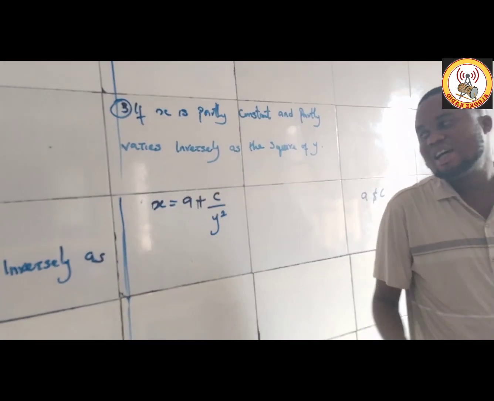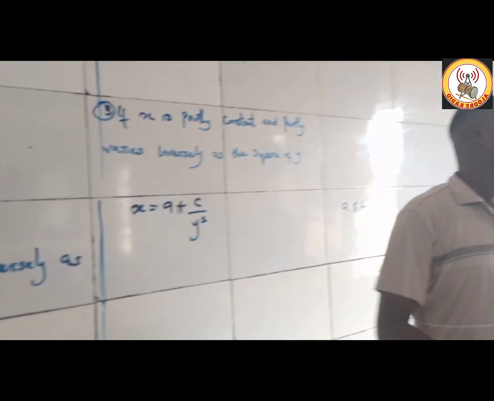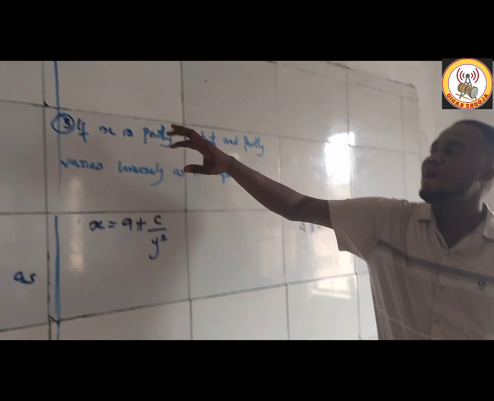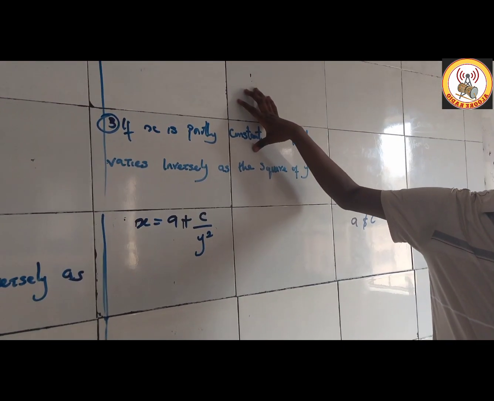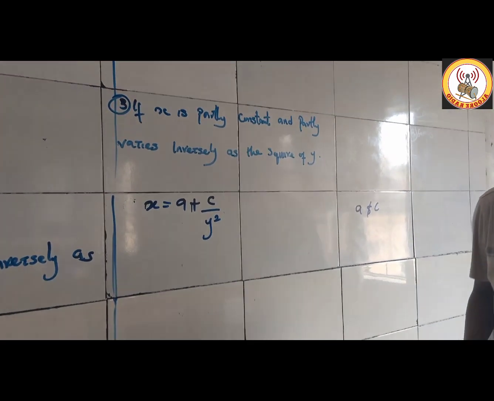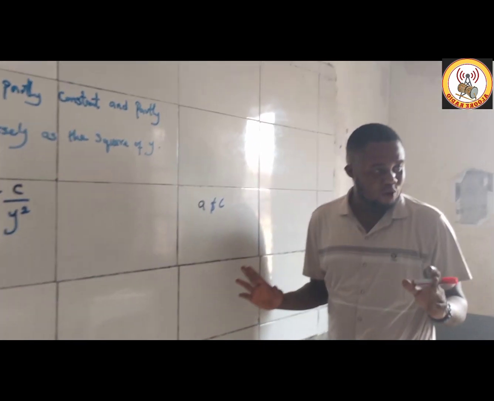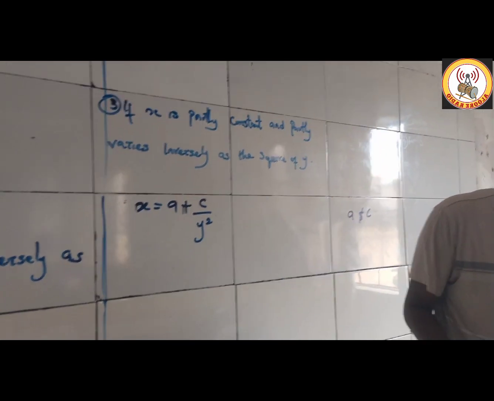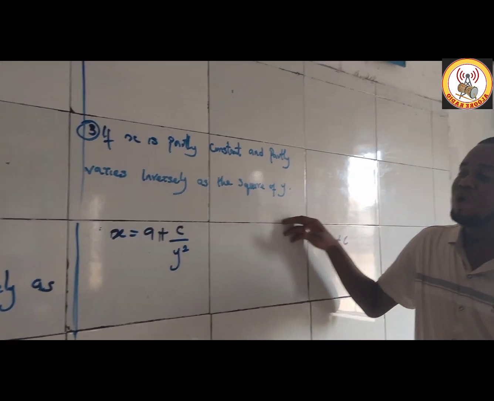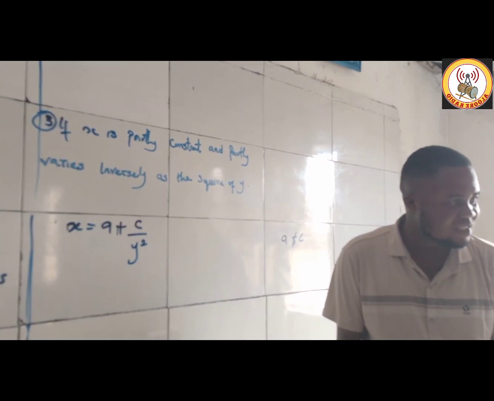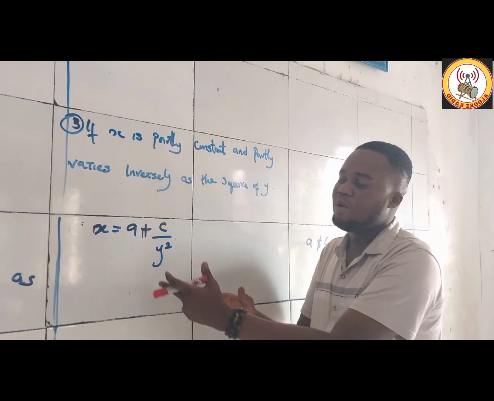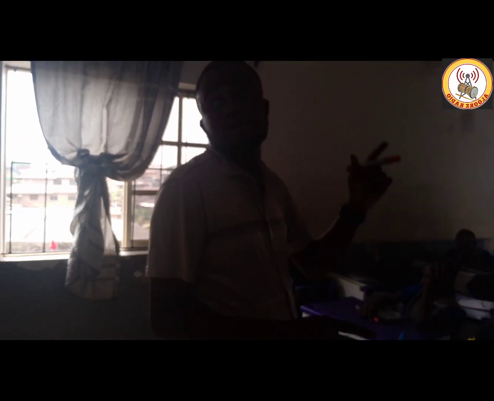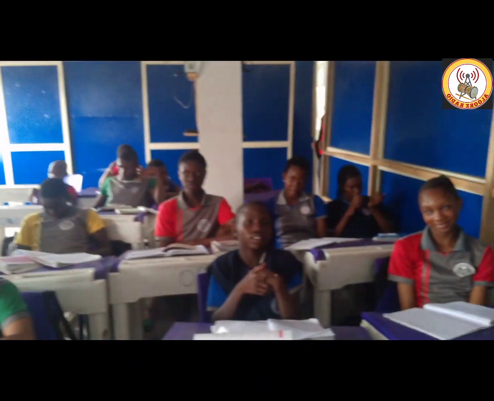I've said this earlier: it means our X does not have any relationship with this Y. So our X equals our first constant, plus the same X varies inversely as the square of Y. So attaching our inverse relation, we got C over Y squared, and that gives us X equals A plus C over Y squared.